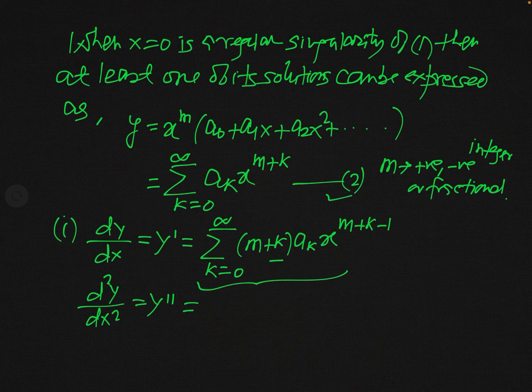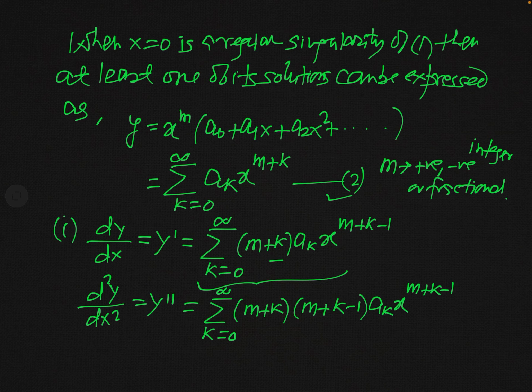So again differentiate this term, and after differentiating this we will get summation over k m plus k into m plus k minus 1 a k and x to the power m plus k minus 2. And here again the limits of summation is from 0 to infinity, because putting k equal to 0, the term does not vanish.